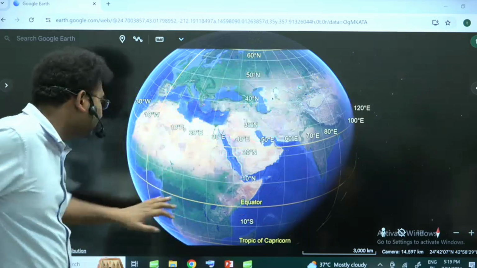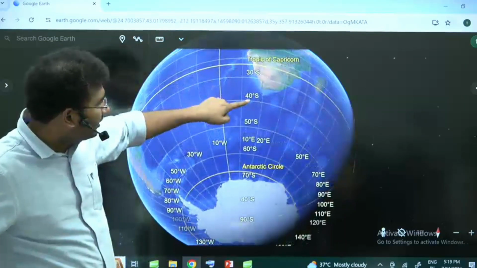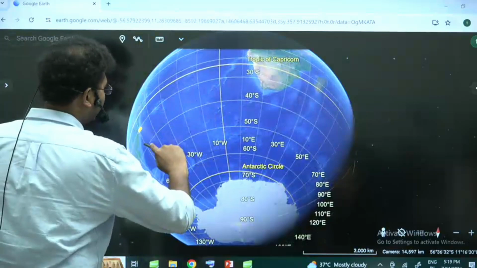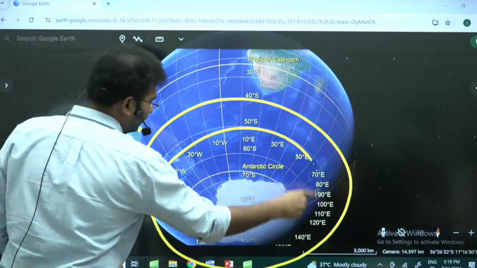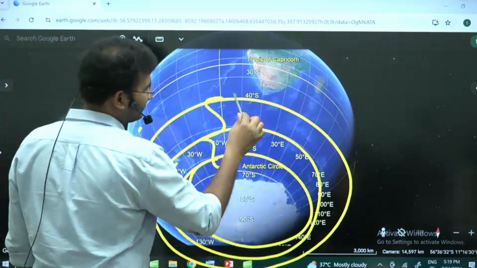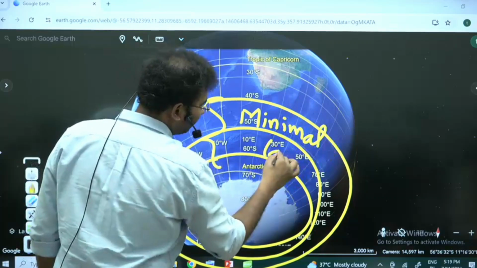But when you go to the southern hemisphere, let me show you. Look at 40 degrees latitude, 50 and 60. Look at this 40, 50 or 60. Now at 40, 50 and 60, this is the minimal land on the earth.